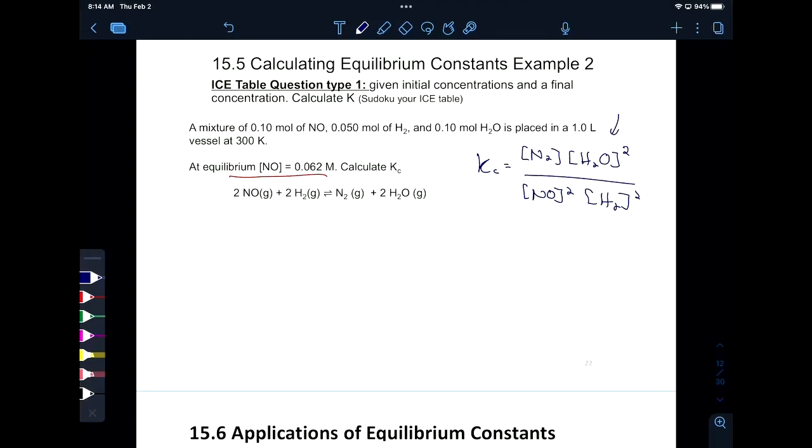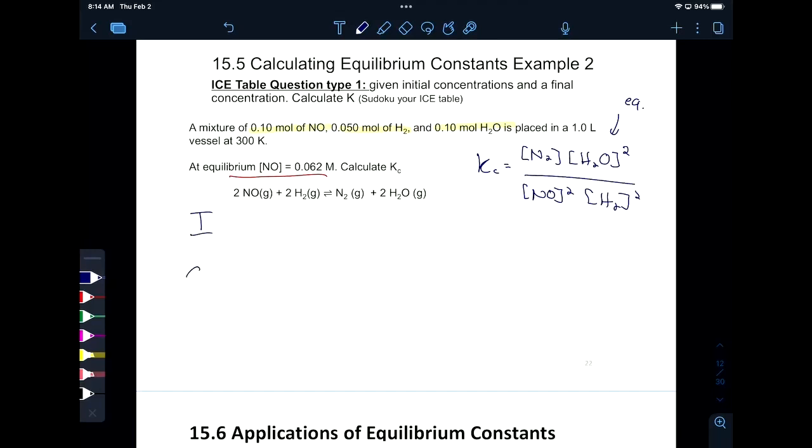And again, these are all at equilibrium because you might want to put the mole amounts into the Kc expression, but 0.1 mole of NO and 0.05 mole of H2 are initial concentrations, so we cannot put those into our K expression, but we can put them into our ICE table.